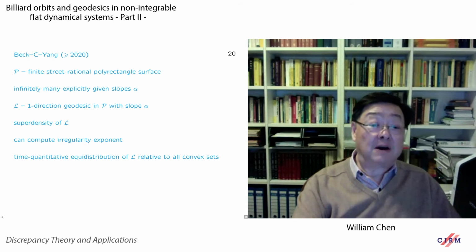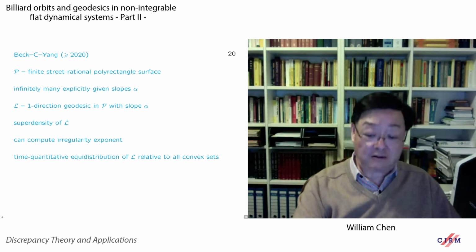Now, remember, the regular octagon surface was viewed as a finite street rational polyrectangle surface.